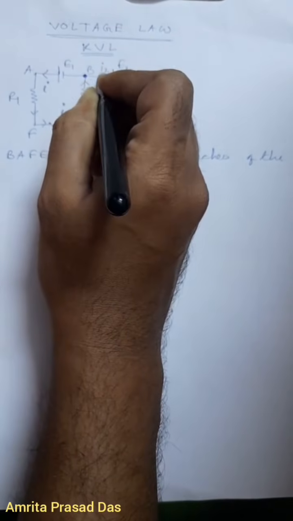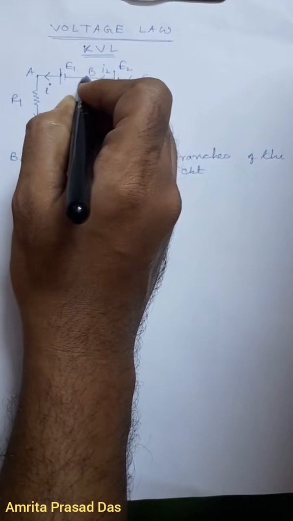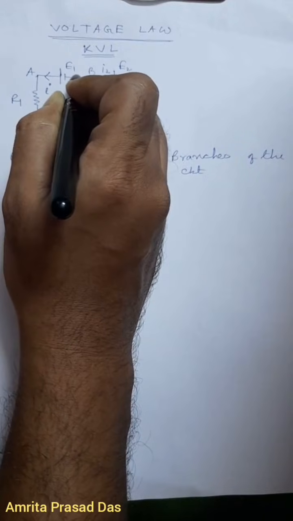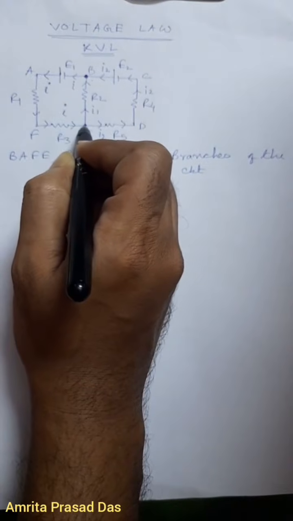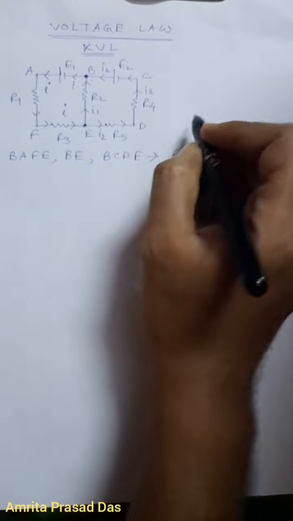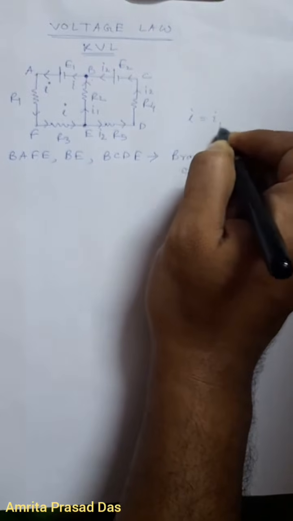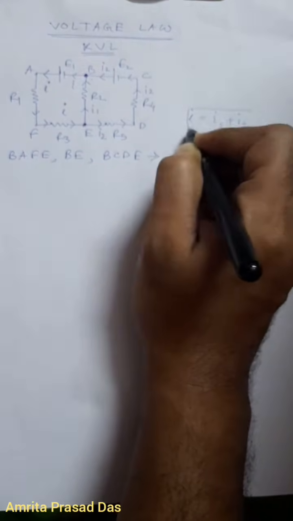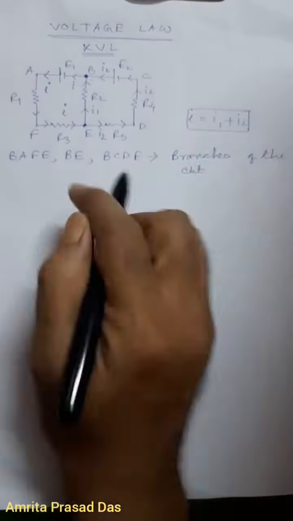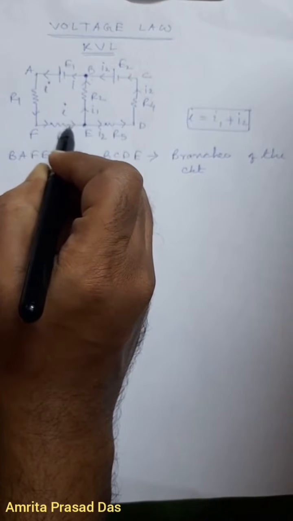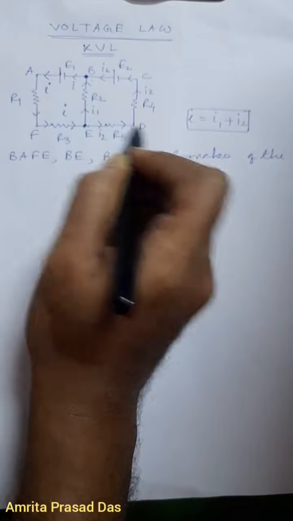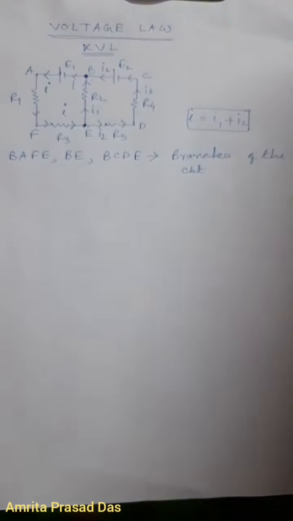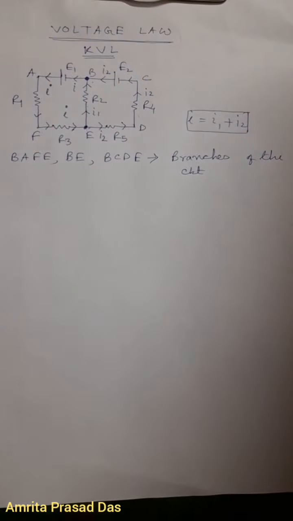Now I1 and I2, these two currents are joined at this junction B, and it forms a current I. We can say that, if you apply KCL at this point, I must be equal to I1 plus I2, because I is the current flowing towards the point, and I1 and I2 are going out. Therefore I must be equal to I1 plus I2. This is known as KCL, conservation of charge, or Kirchhoff's current law.